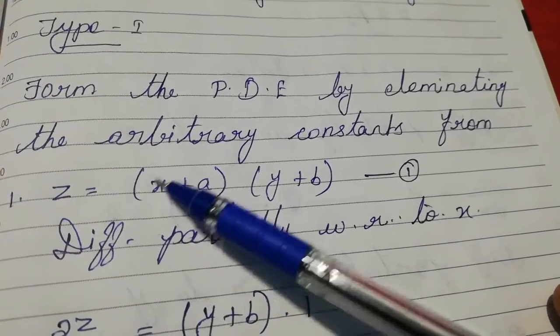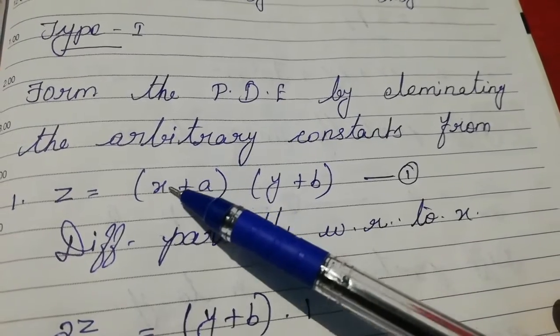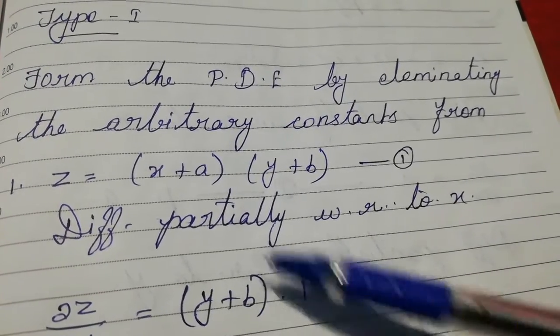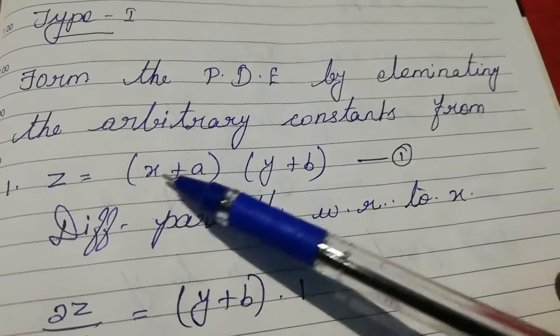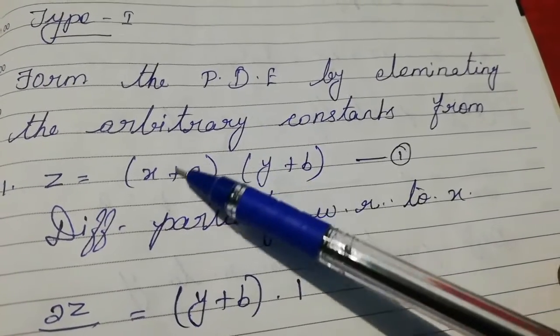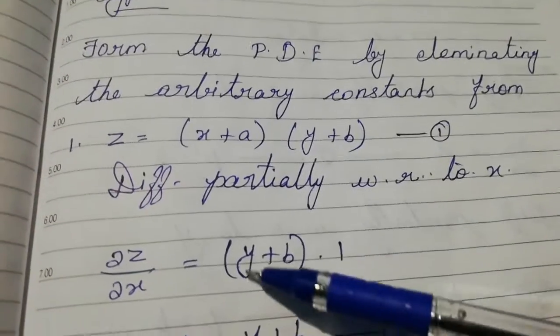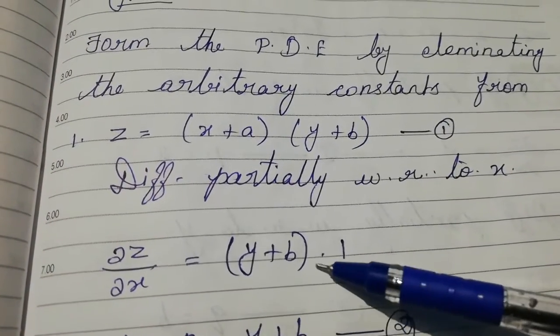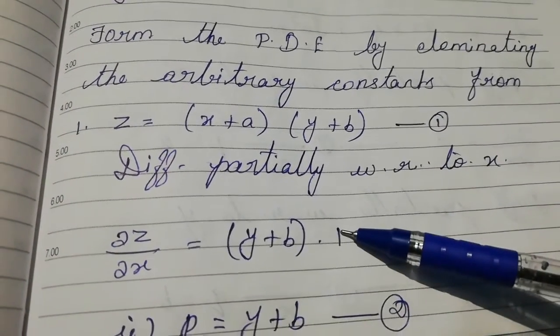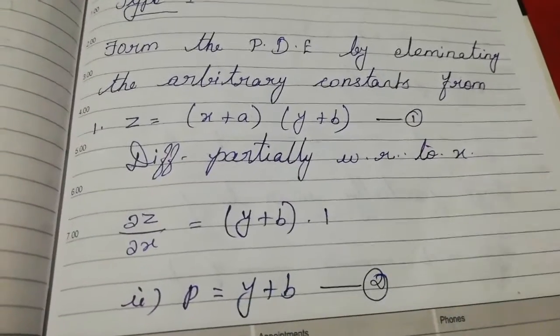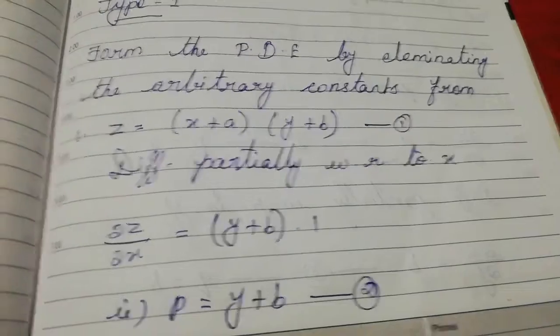Here a is constant, so 0 plus 1, that is 1. So dou z by dou x is equal to y plus b into 1. Dou z by dou x is p, so p is equal to y plus b.